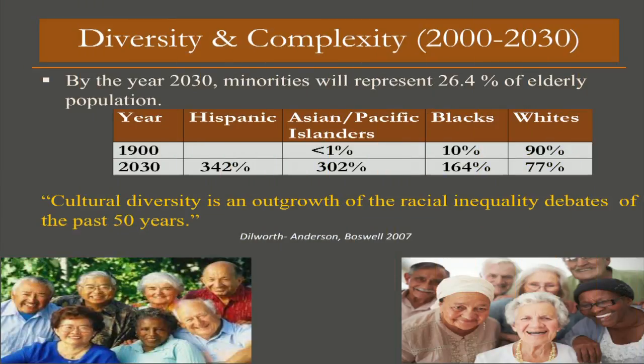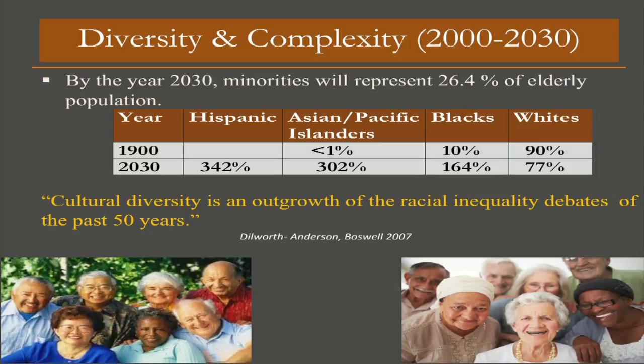And also, for the first time in the history of the geriatric population, as elderly 65 and older, it's not just the number of individuals expanding, but it's also the diversity among them.